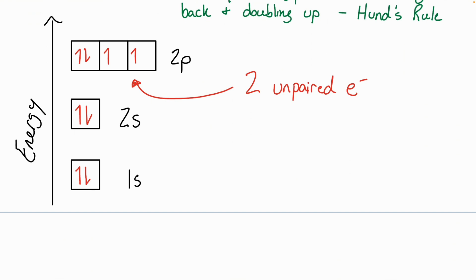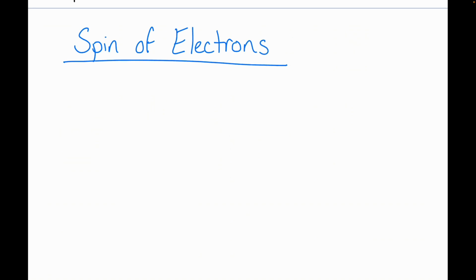All right, so we'll practice this with another element, but let me just talk for a second about the spin of electrons. This is a phenomenon that's not actually unique to electrons. You find it a lot in different particles throughout the universe.